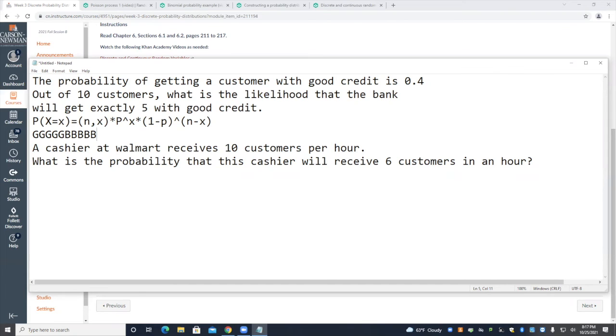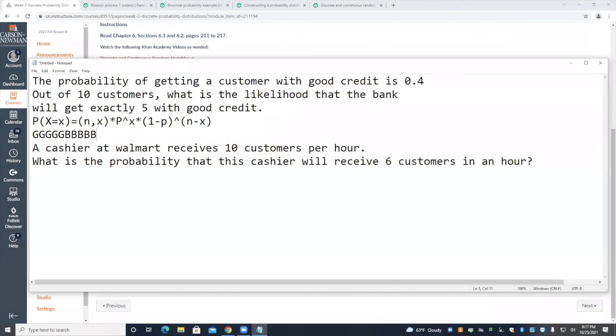Now, let's compute that. Oh, actually, before we do that, let's answer the other questions. Why is there the P term? Anybody? What does P represent? Successful tries. Exactly, because there are successful trials.